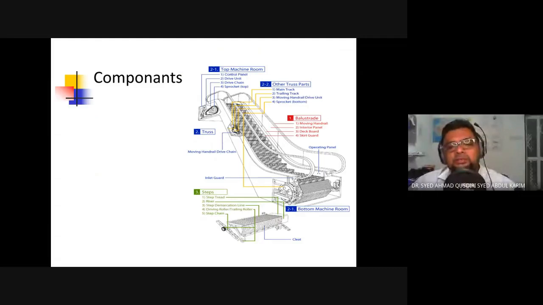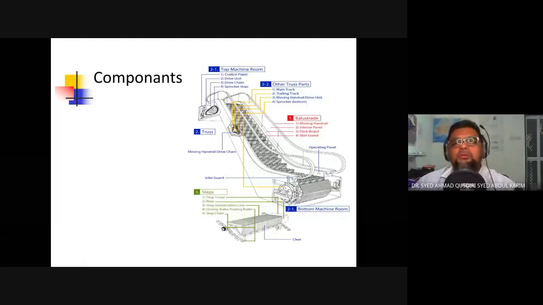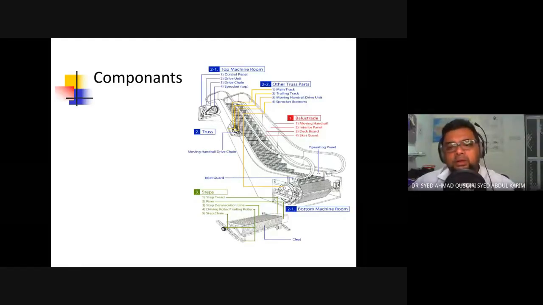This is just a space that provides access for the maintenance team to do repairs or maintenance work on the escalator. Here we have the control panel, the drive unit, or the electric motor, the drive chain that moves the steps, and the sprocket.